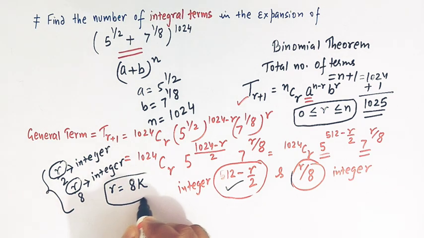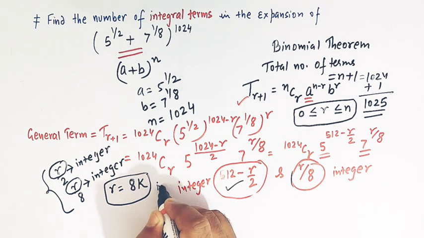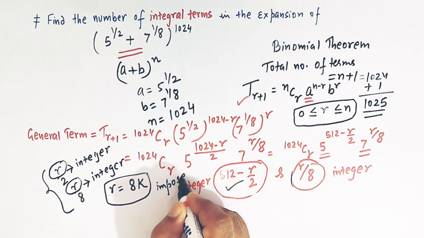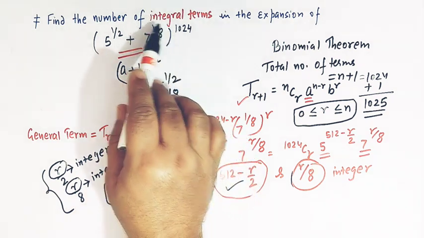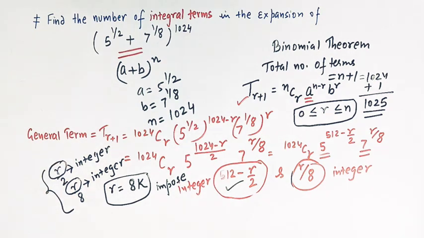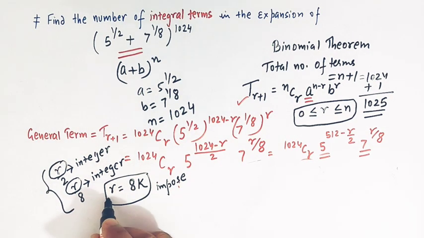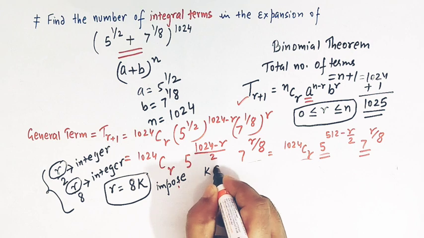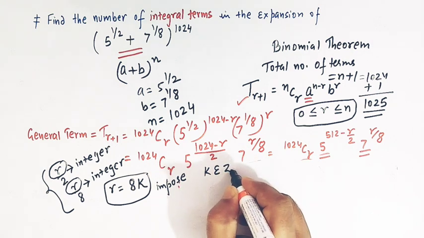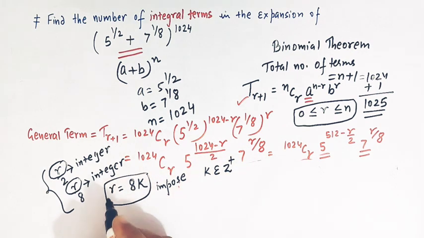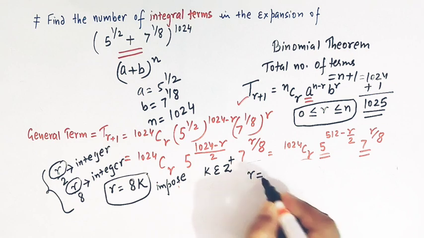This is the condition we impose on r to get integral terms. So viewers, r should be 8k, where k is some non-negative integer.